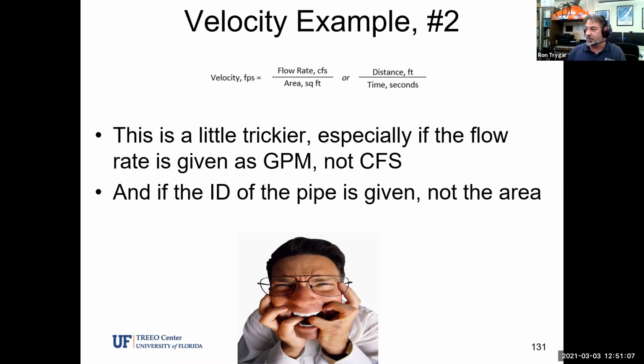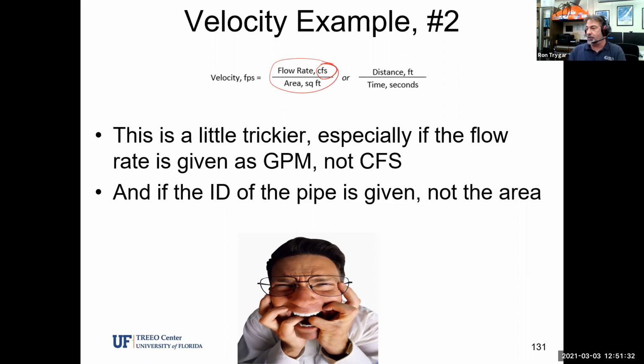So how are we going to do this? How are we going to figure out the feet per second with some units that are not of the right shape or size? We're going to have to do some calculations first to get this into the right units and make sure that we're matching everything up, because if we're given gallons per minute, we can use this formula, but we actually have to figure some of this stuff out.